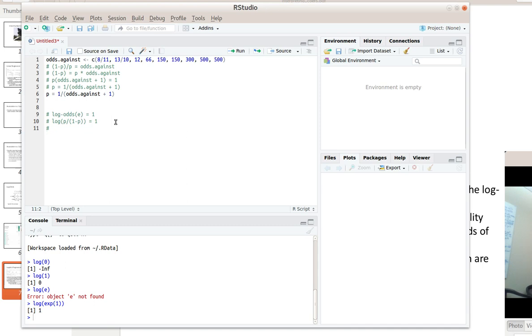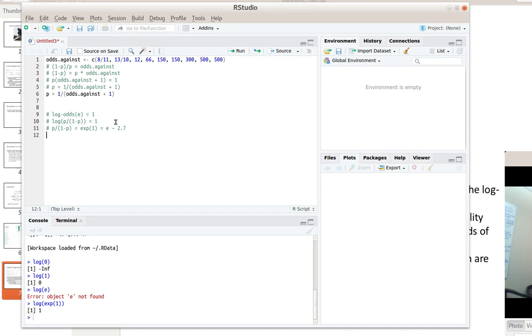So that means that the probability divided by 1 minus the probability is equal to exp of 1, which is equal to e. So that's approximately 2.7.